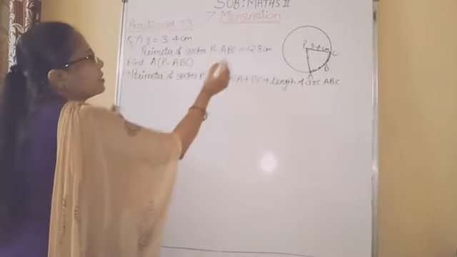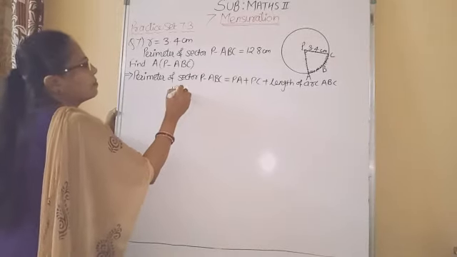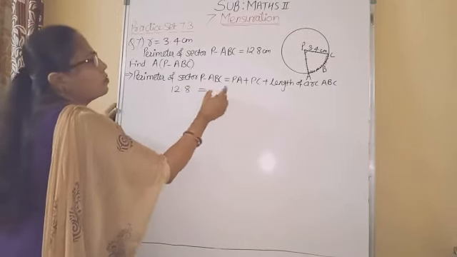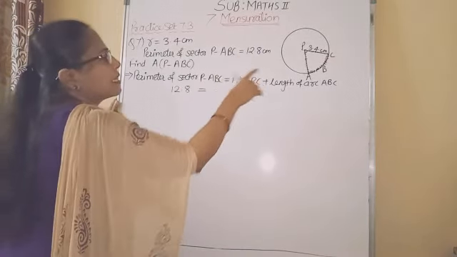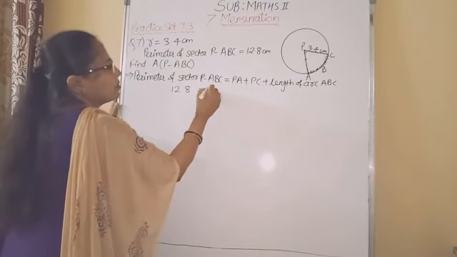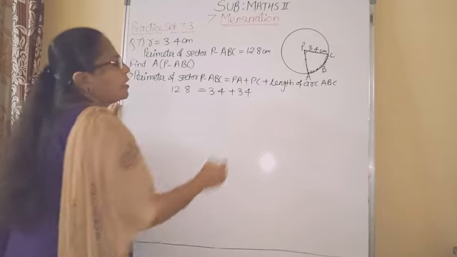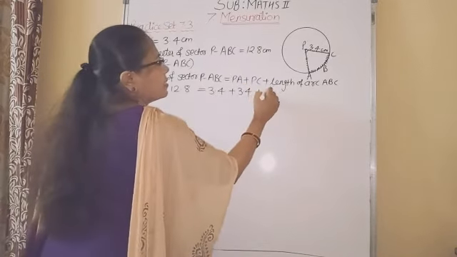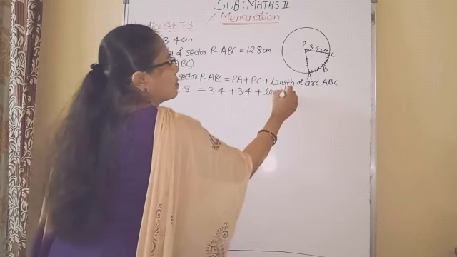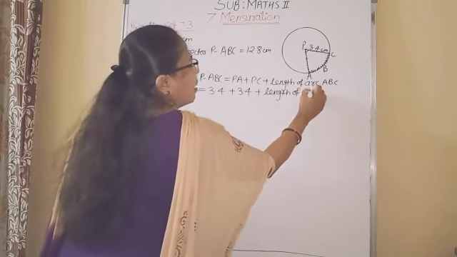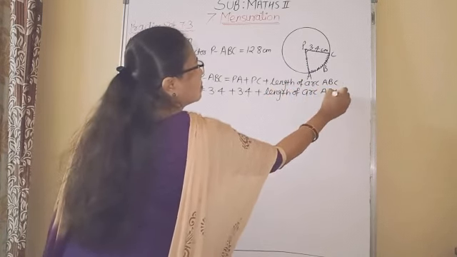Now this perimeter is given, 12.8. PA equal to PC are the radii of the same circle, so 3.4 plus 3.4 plus length of arc ABC.